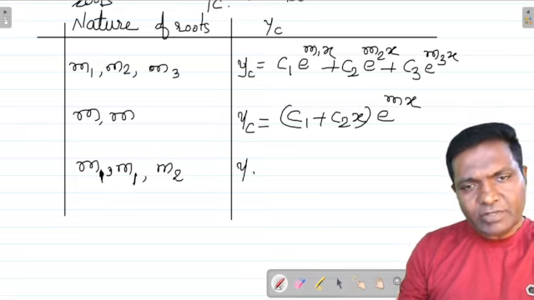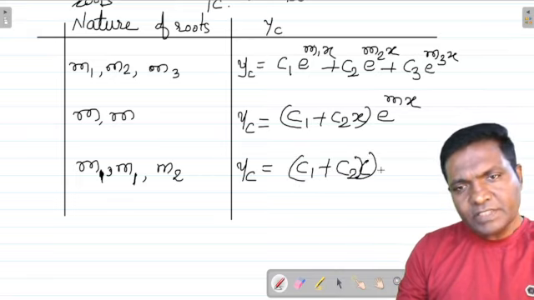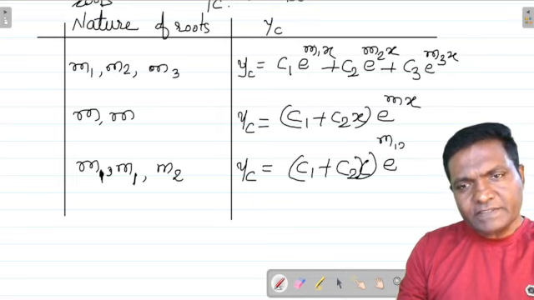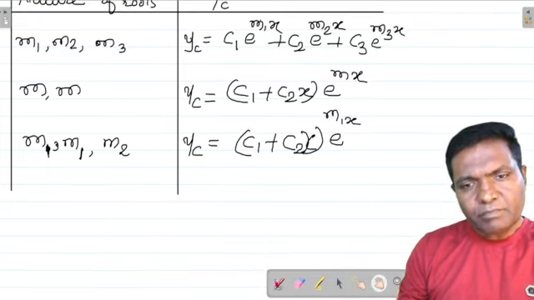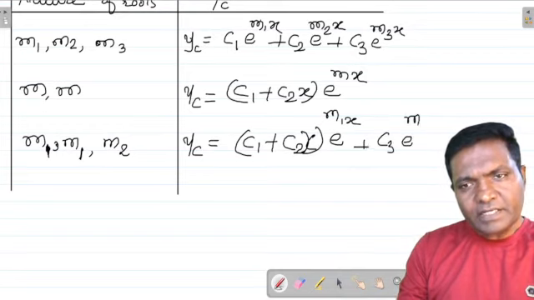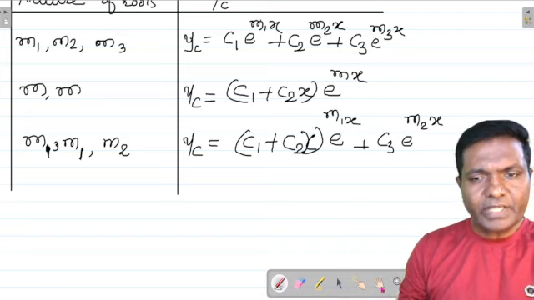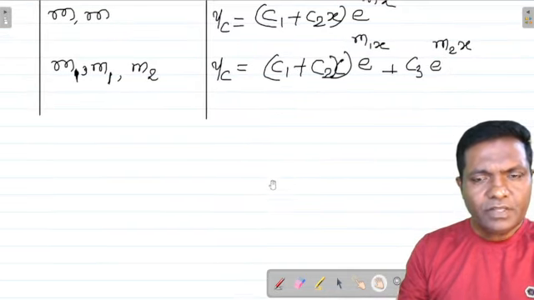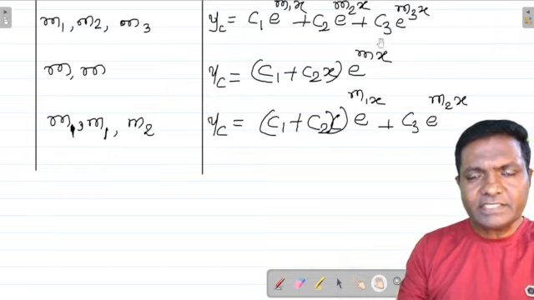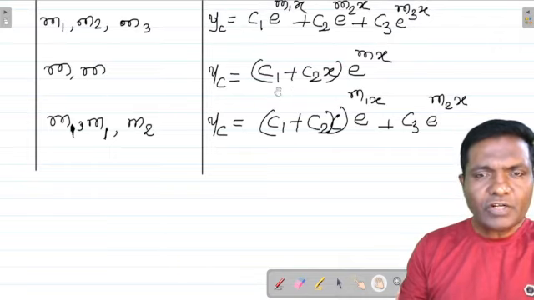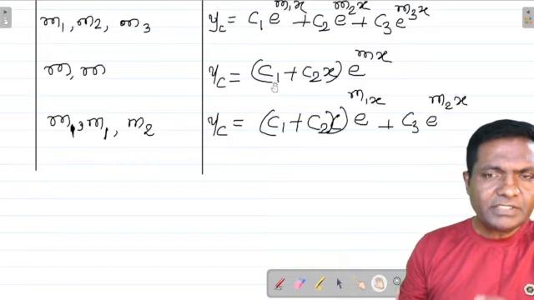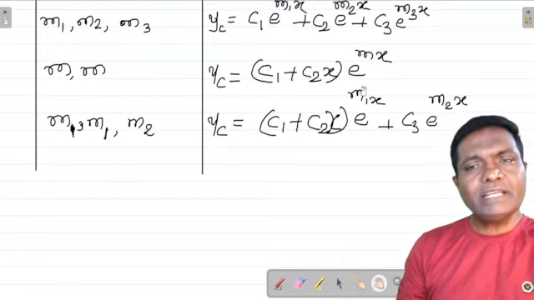In such a case, you have to write yc is equal to (c1 plus c2 x) into e^(m1 x) plus c3 e^(m2 x). So in this way it continues. If the roots are distinct, you have to write distinct terms. If the roots are repeated, you have to write the polynomial expression (c1 plus c2 x) e^(mx).